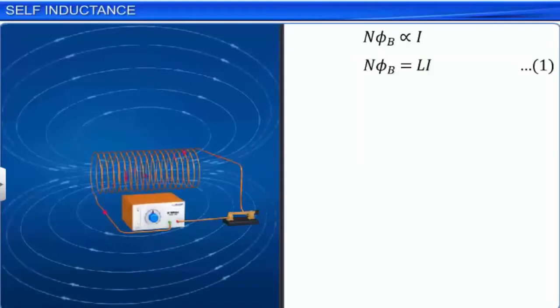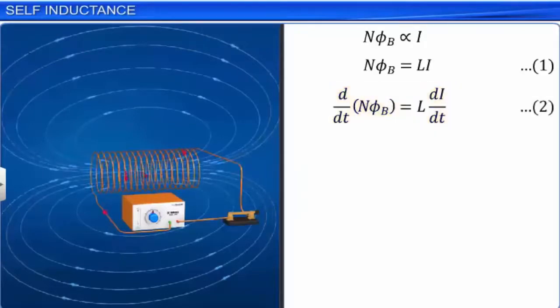When the current in the circuit is varied, the flux linked with the coil changes and an EMF is induced in the coil. This means d/dt of NΦB equals L dI/dt. Let this be equation 2.